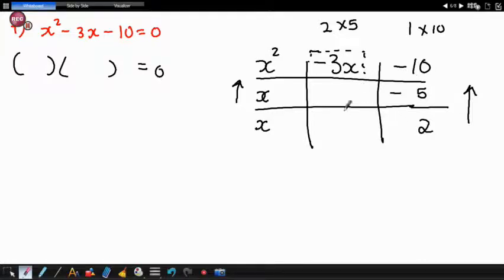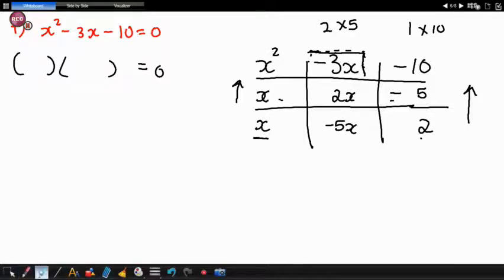Okay, so now I can say that x times 2 gives me 2x. And then x times negative 5 will give me negative 5x. And then negative 5x plus 2x does give me negative 3x.